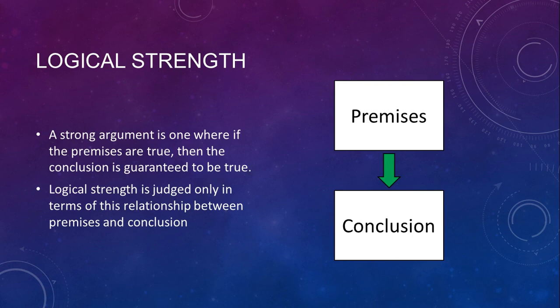If an argument is valid, that means that if the premise is true, then the conclusion must be true. Now, an argument can be valid even in the case where the premises are false. Validity and logical strength are a property just of the relation between the premises and the conclusion. It's not a matter of whether the premises actually turn out to be true or not.